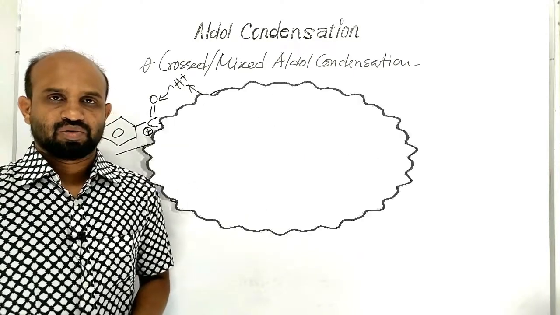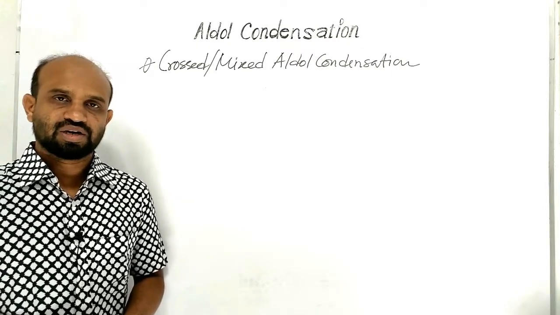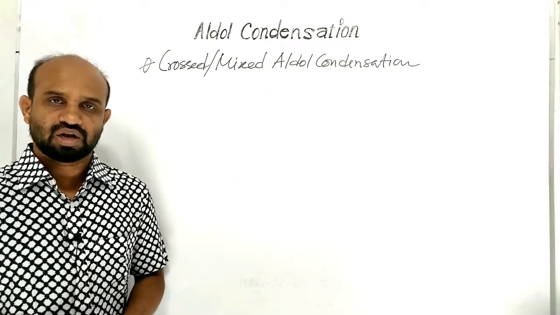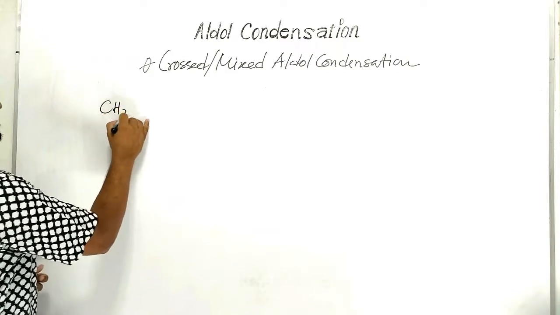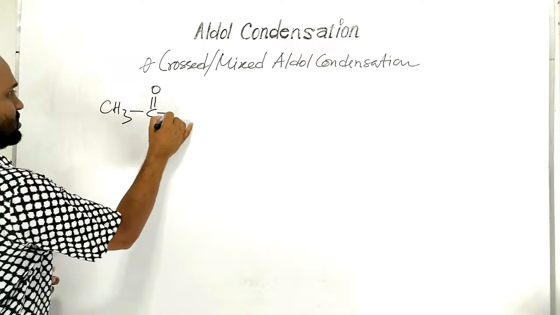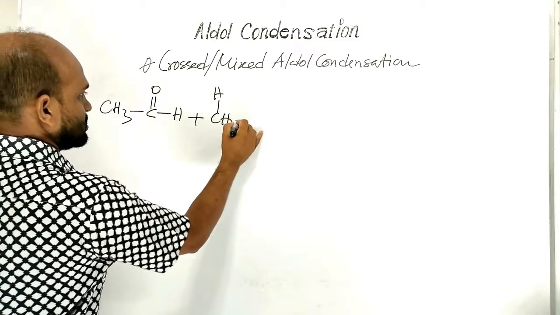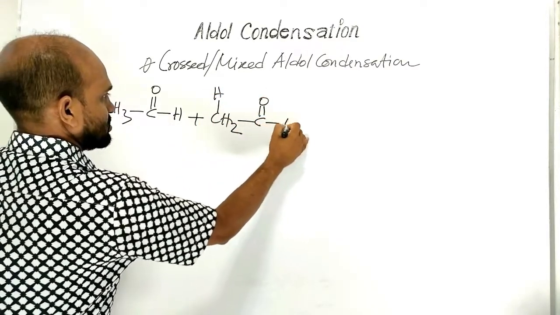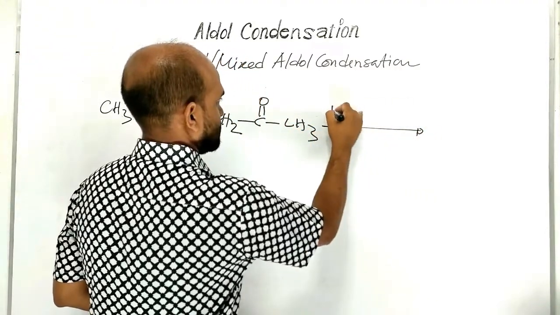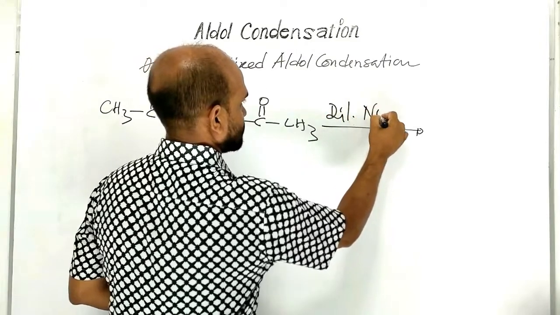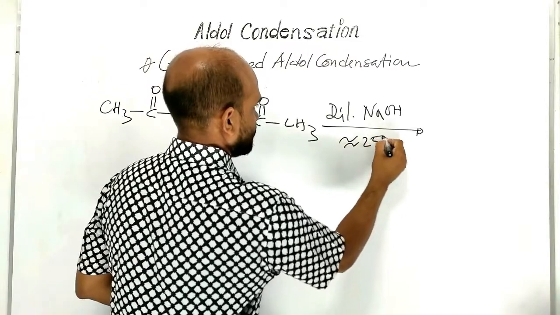Let's see another example. Now, one is an aliphatic aldehyde, another one is an aliphatic ketone. Let's write CH3, H, here ketone CH3, CH3, which is treated with dilute sodium hydroxide and carried out at around 25 degrees Celsius.